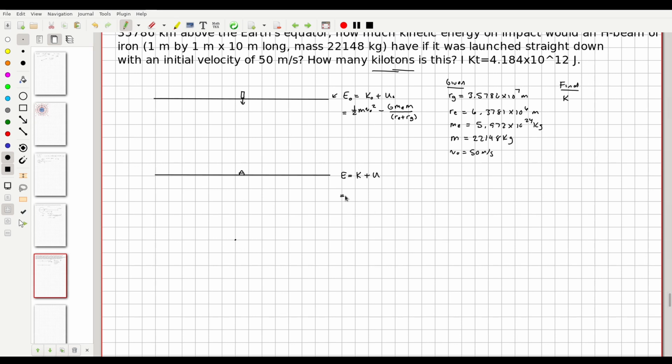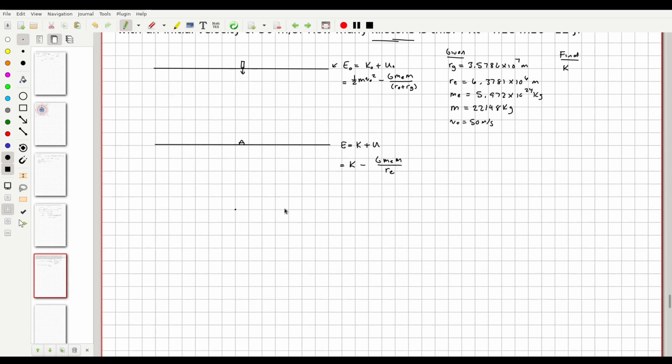Now, upon impact, you have your kinetic energy, which is what we're looking for, minus G, mass of the Earth, mass of the crowbar, divided by r sub e, now, because you've reached the ground level. All we're looking for here is K, and these things are equal because of conservation of energy.